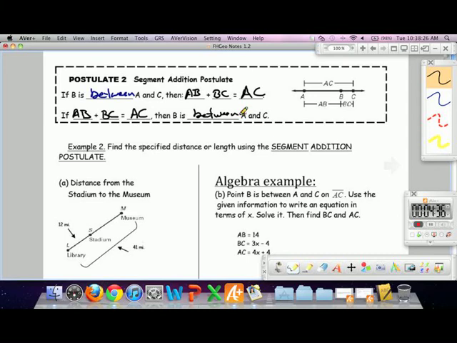We should be able to use this to actually find some pieces, to do some calculations.